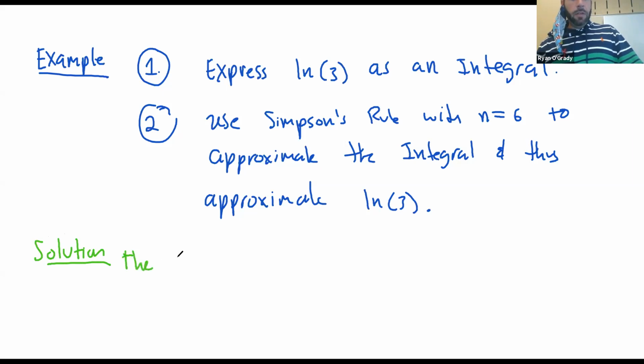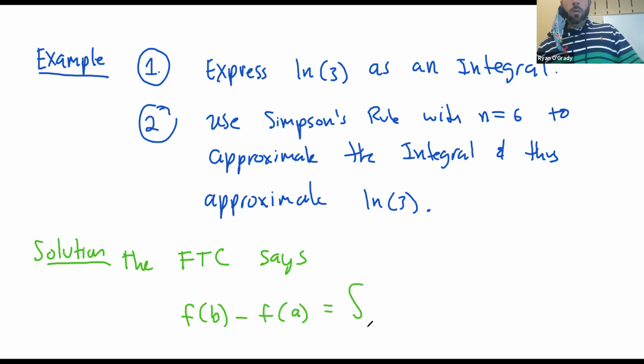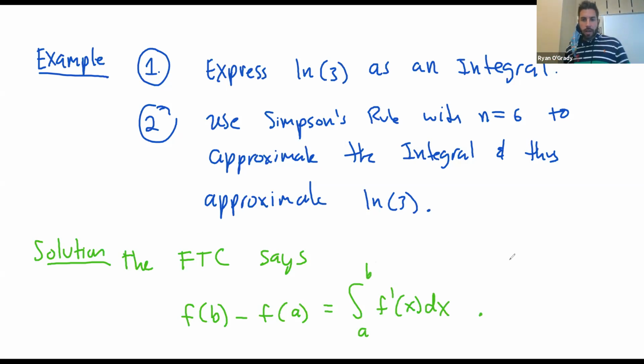The FTC says that f of b minus f of a is equal to the integral from a to b of f prime of x dx. That's what it tells us. That's one of the ways to interpret the fundamental theorem of calculus. Now, of course, most students in calculus have a hard time seeing this, but this is in fact one of the things that it says.